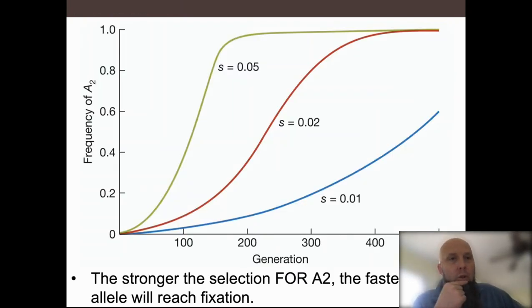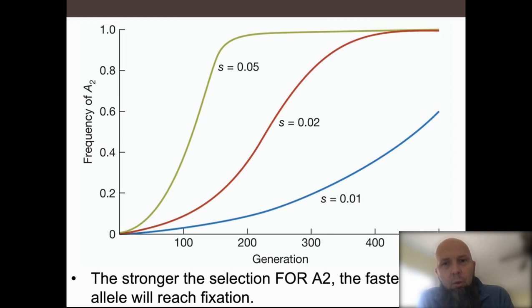Now, the rate at which this A2 allele frequency changes is highly dependent on how strongly selection is acting on this gene. In this case, selection is acting for A2 or against A1. And the strength of selection can vary. The strength of selection could be 0.01, 0.02, 0.05. I want you to think back to our relative fitness calculation. This S number is basically what is lost in that relative fitness calculation.